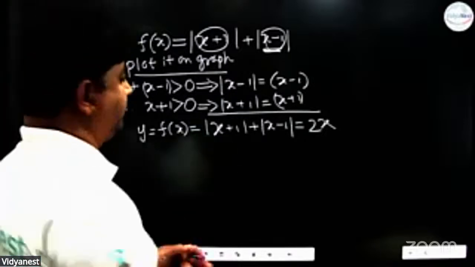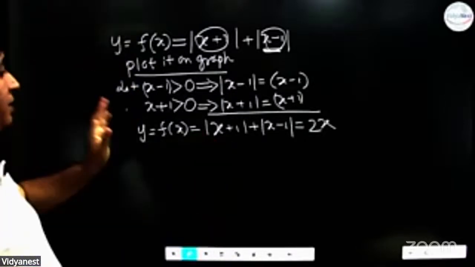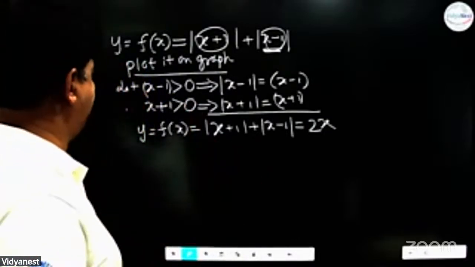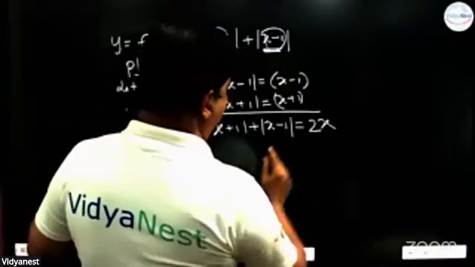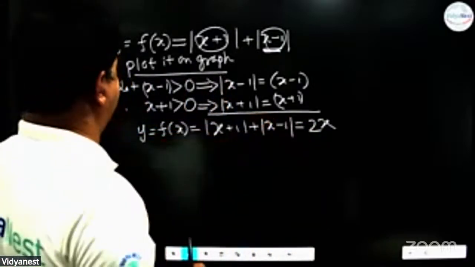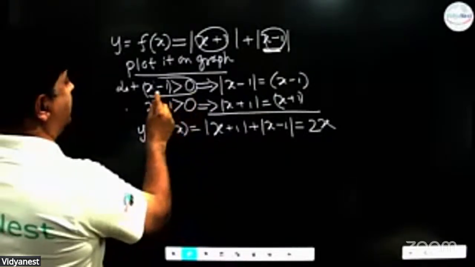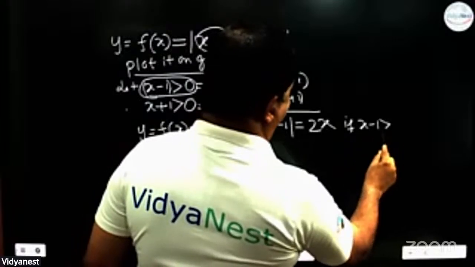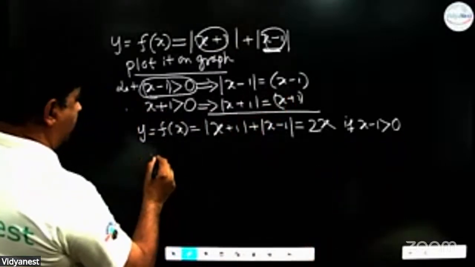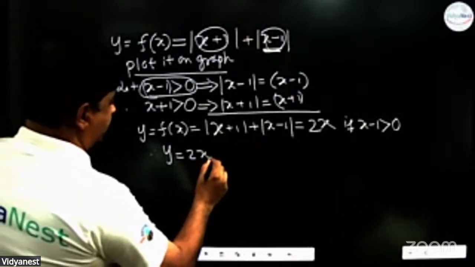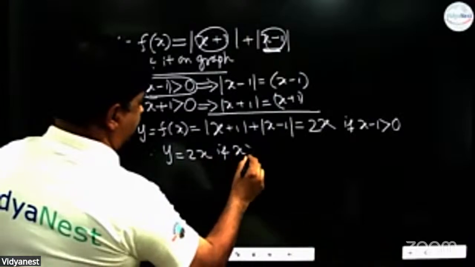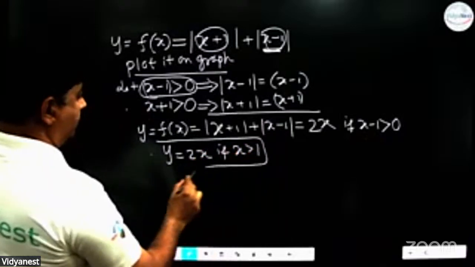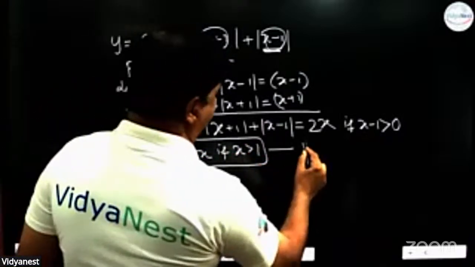So if you get any doubt, must tell me, because don't compromise in absorbing the knowledge. You can ask me, sir, from what basis you have got this 2x? On basis of this condition, if x minus 1 is greater than 0. So y is equal to 2x if x is greater than 1. I will shift 1 to right hand side. Okay. This is result number 1.